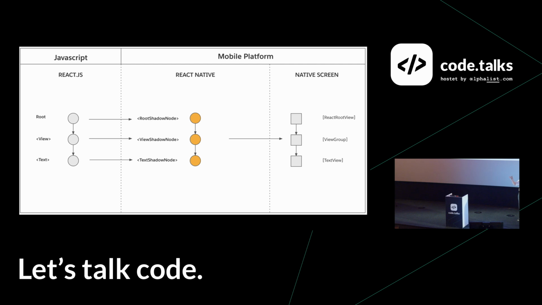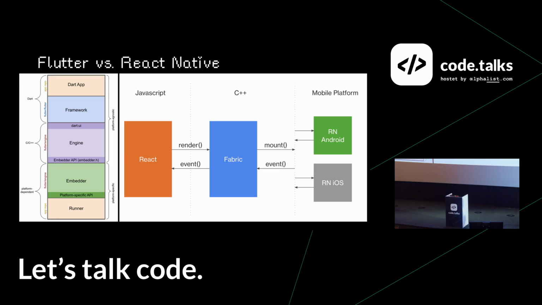And under the hood, it does something similar. First, we write our React.js code, then it ends up in the React tree, then it goes to the C++ side and creates a React shadow tree, and then on the commit phase, that's the native screen, and it ends up there. And basically one could say they are similar.